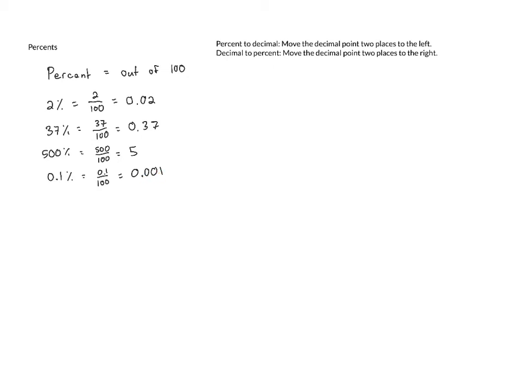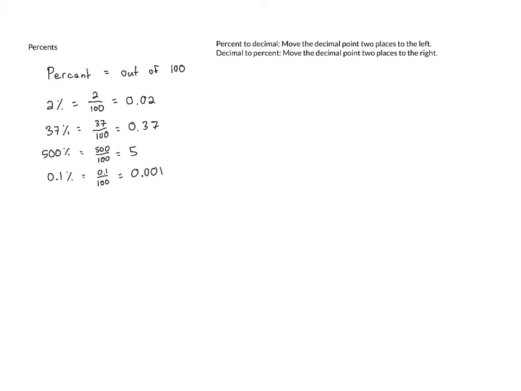And then if we want to go in the other direction from a decimal to a percent, we just do the opposite. We move the decimal point 2 places to the right. So we're always moving the decimal 2 places, and it's either to the left or to the right, depending on whether we're converting from a percent to a decimal or a decimal to a percent.